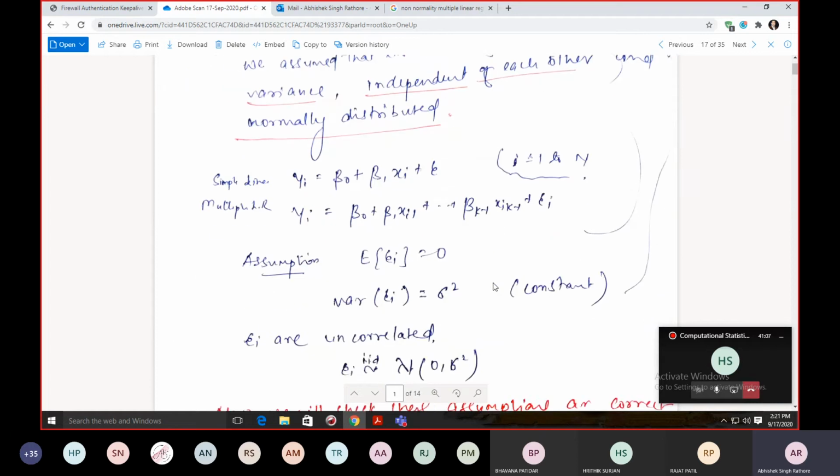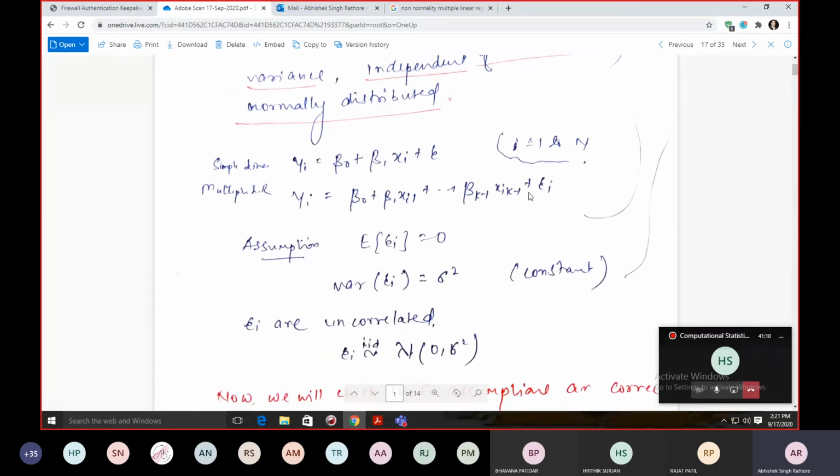So our assumptions start right from this: the expectation of the error, or the mean of the error, is equal to 0, and we have some constant variance here. This is my constant variance of error, and it is usually unknown.